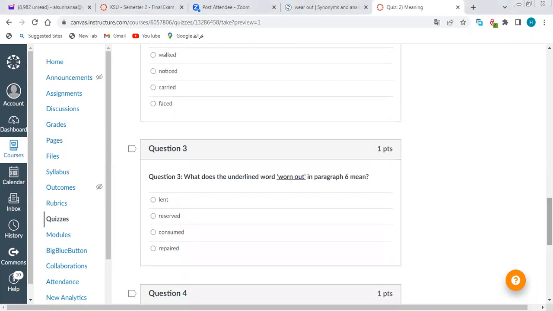Okay, 3. What does the underlined word worn out in paragraph 6 mean? Lent, reserved, consumed, or repaired?